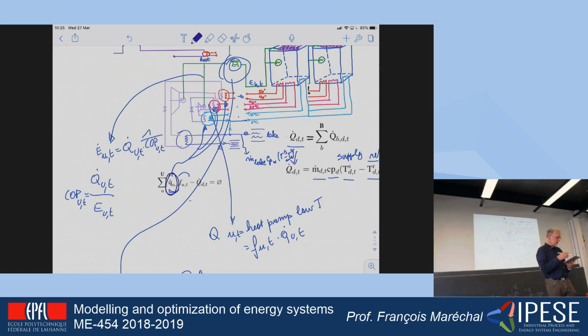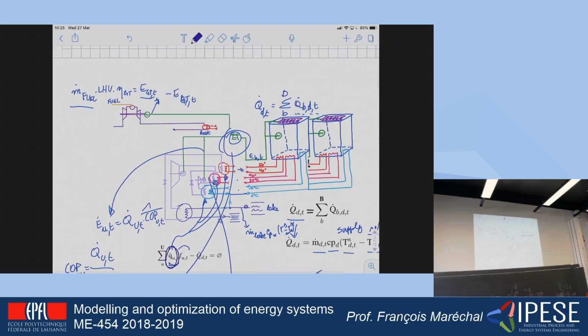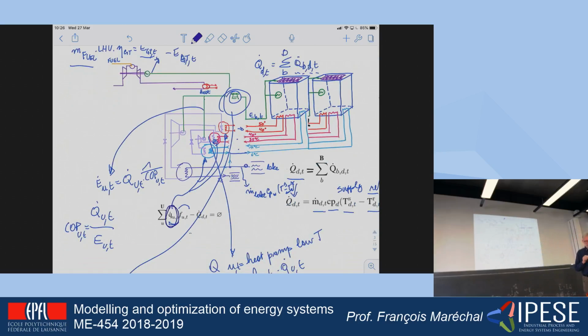So we have identified different levels for the heat pumps. We have identified a steam turbine and a gas turbine, each being a unit that is able to supply a certain amount of heat to one of the distribution systems. And we have been writing an equation that is going to tell us that, and this is the equation that is here. I'm going to use the green part here.